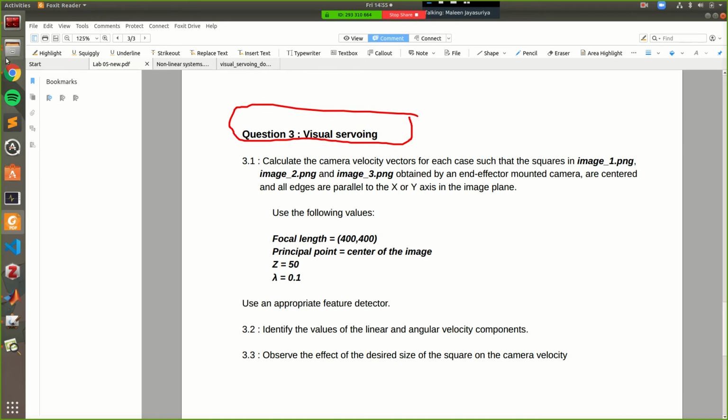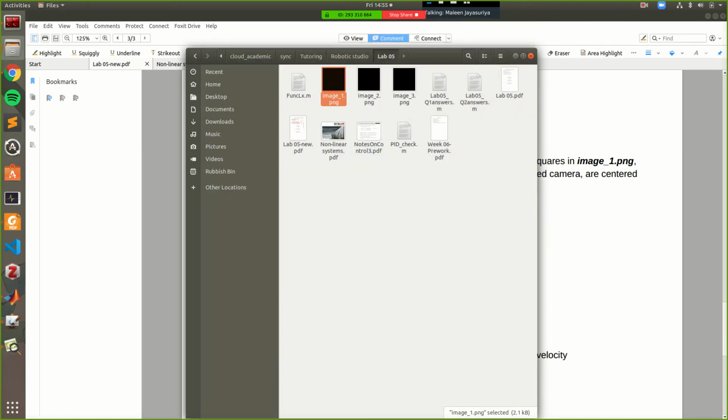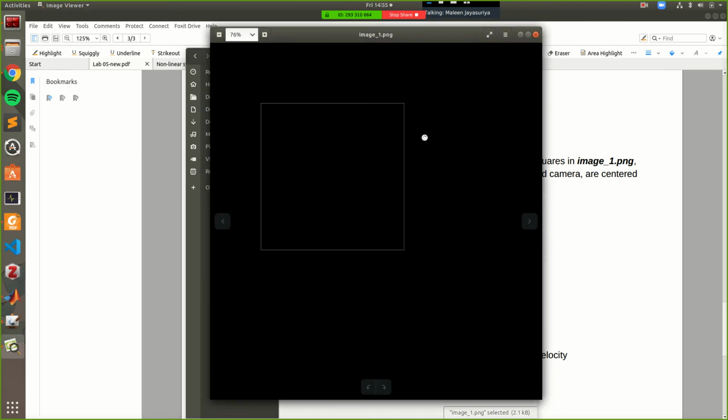So we have three different images. For example, let's take image 1 first. If we want this square to be nicely in the center, we want the gripper to move this way, and kind of come closer to this image. So we need to find the velocities that will make this image come to the center. First we need to detect the features in this image.